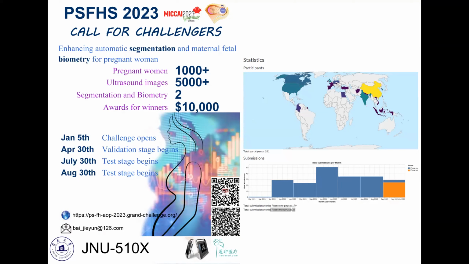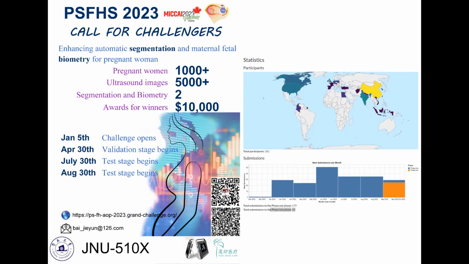This challenge included about 1,000 plus patients and about 5,000 images. There are awards for winners of about 10,000 RMB. This challenge included 2 phases, the first phase and the second phase.